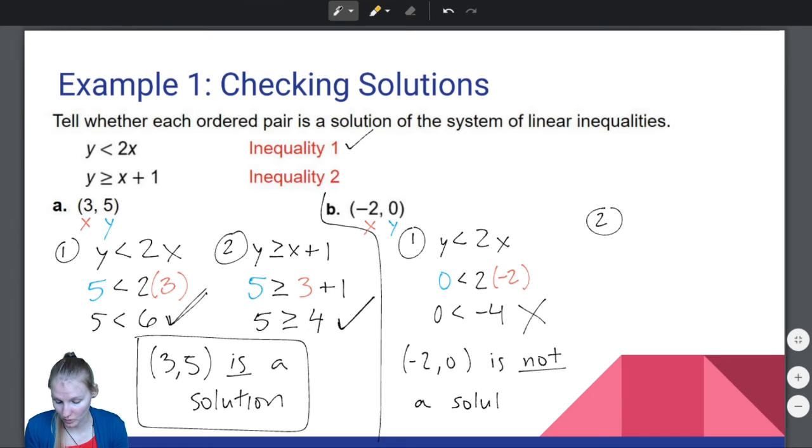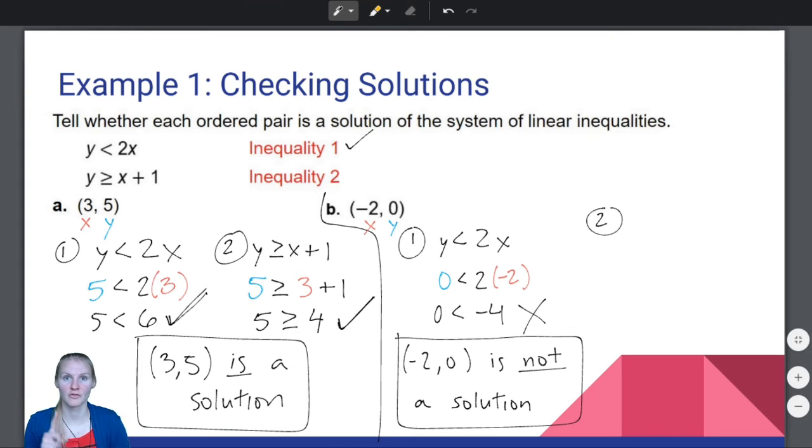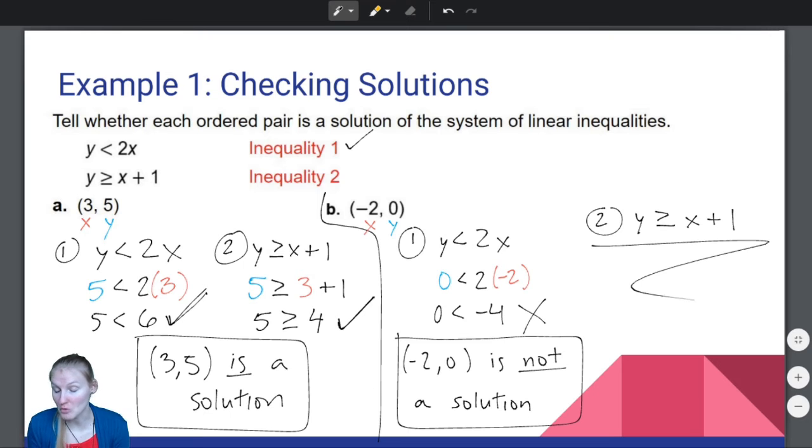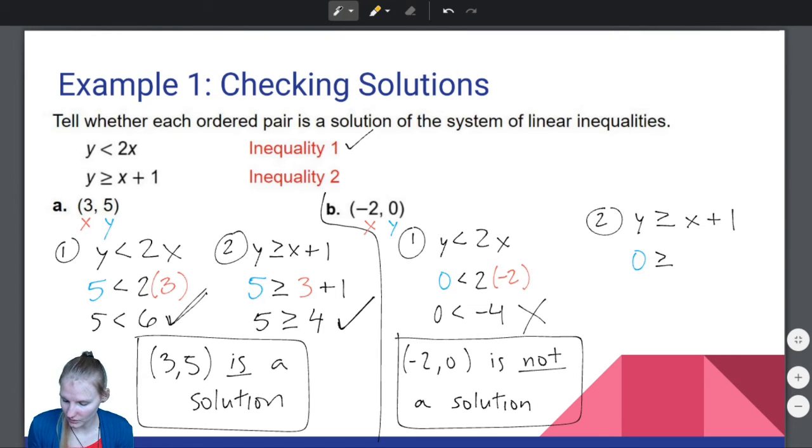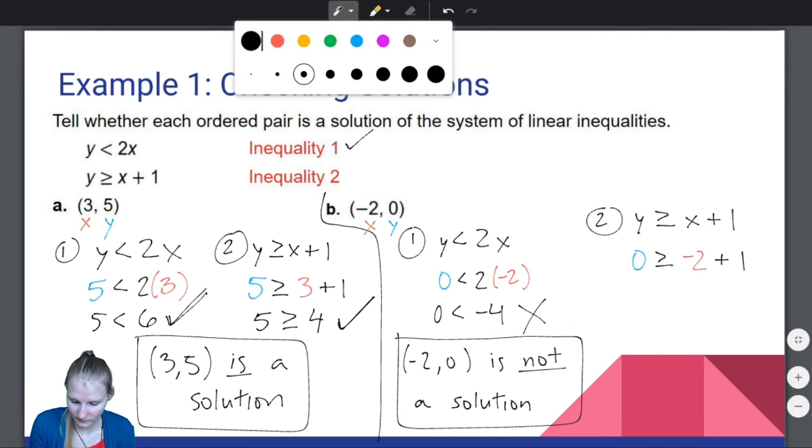We already know that because inequality 1 doesn't work, the point (-2, 0) is not a solution. Remember, even if it works for one of them, if it doesn't work for both, it's not a solution. Let's check inequality number 2 just to get some more practice. So we have 0 is greater than or equal to x plus 1, and x is -2.